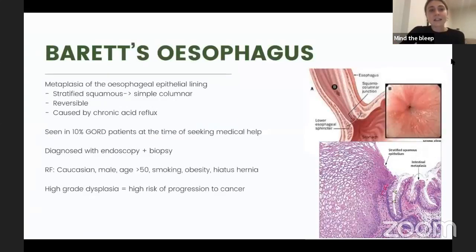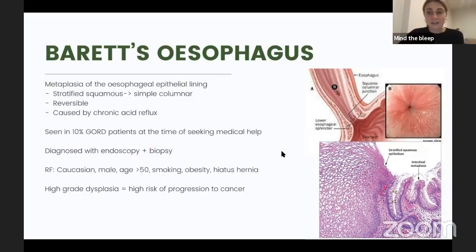All right. And Barrett's esophagus, as you have rightly identified, is usually seen in patients who do have gastroesophageal reflux disease. It is a metaplasia of the esophageal epithelial lining. Metaplasia means a transformation of one differentiated, so one mature cell, into a different cell.